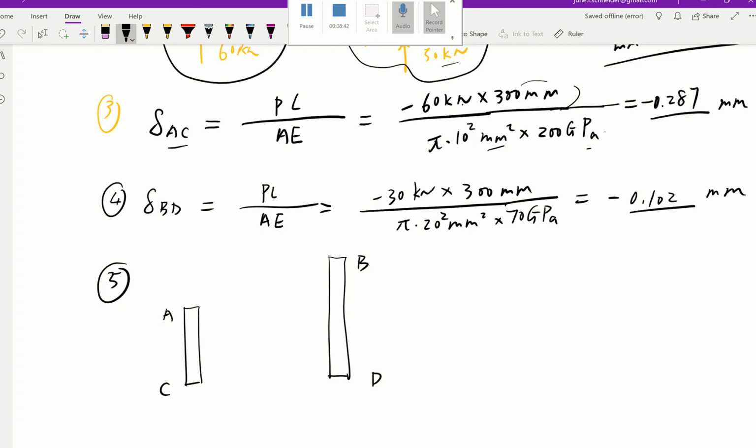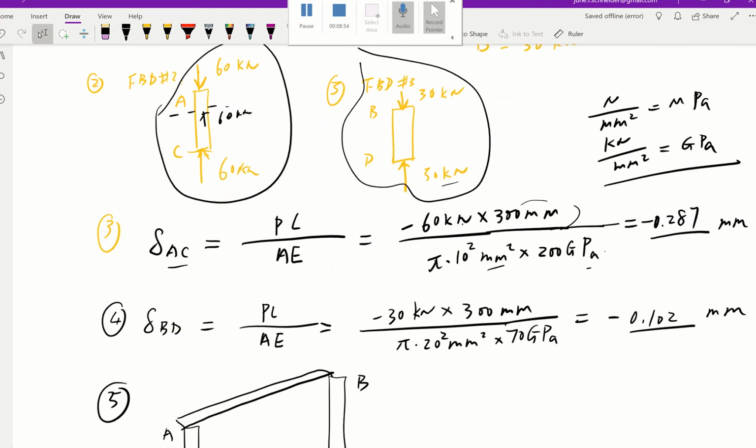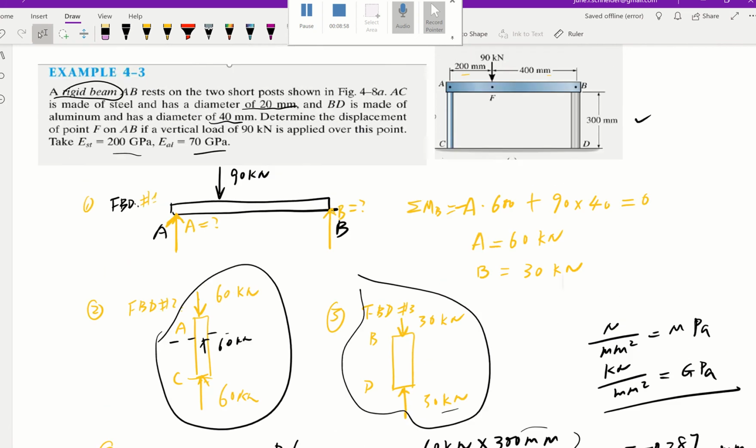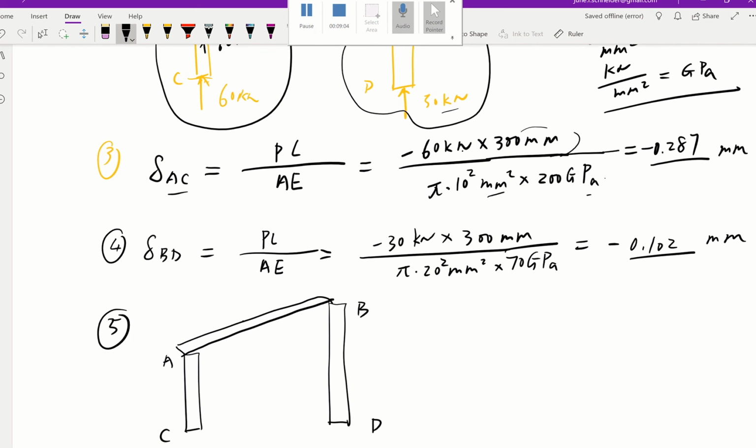Well, then we have this rigid beam AB on the top. They specifically said this is rigid beam, which means it won't warp. It's going to be continuous straight. It's going to be like this. And our goal is to find out how much displacement happens at F. F is right here. So how do we figure that out, right?